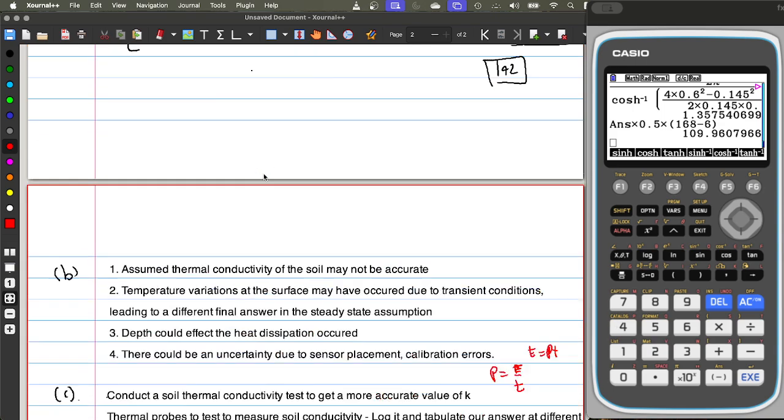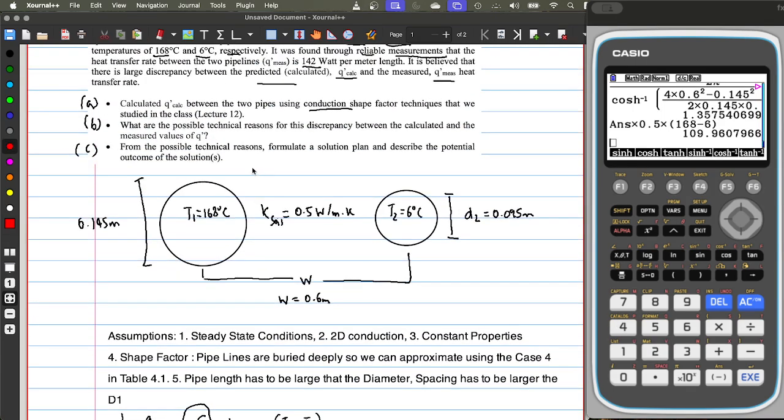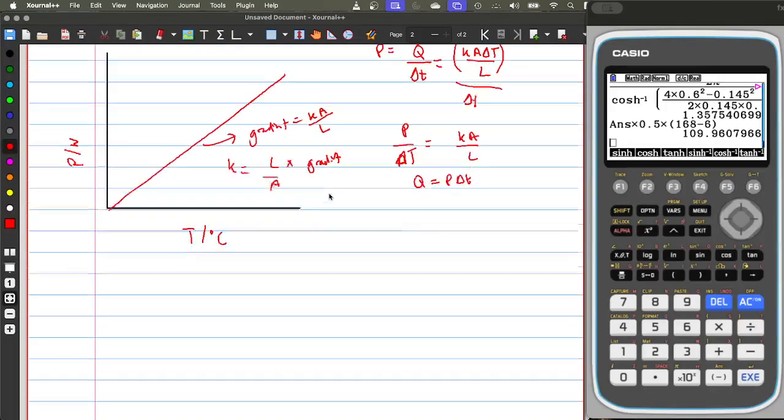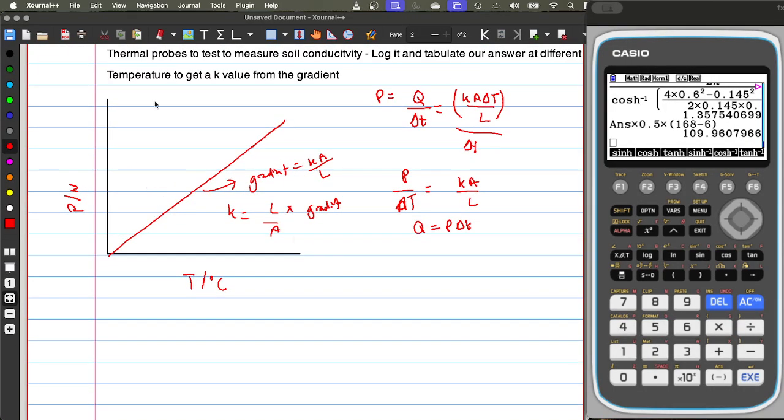Now, the question also asked us, what are your potential outcomes? Describe the potential outcomes. So, for example, now we got a better value of K. Now, it could either be lower or higher than 0.5.